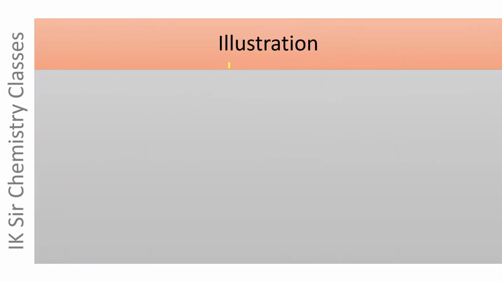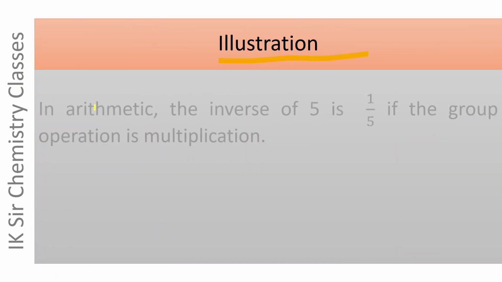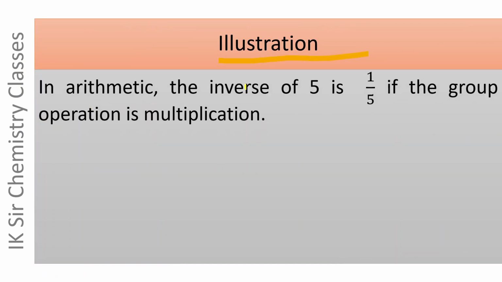Let us illustrate the law of inverse. In arithmetic, the inverse of 5 is 1 by 5 if the law of combination is multiplication. 5 multiplied by 1 by 5 is equal to 1.